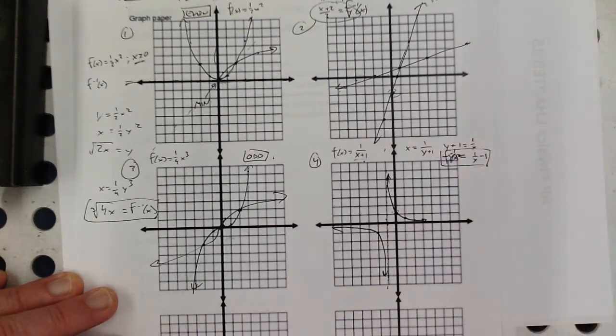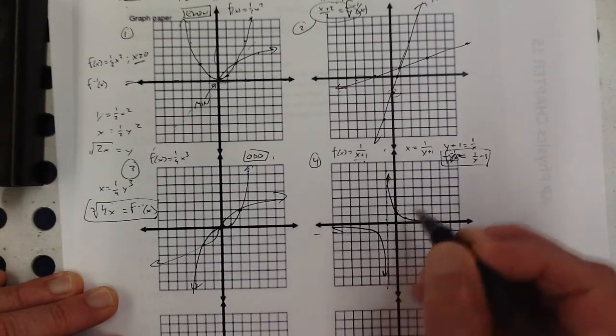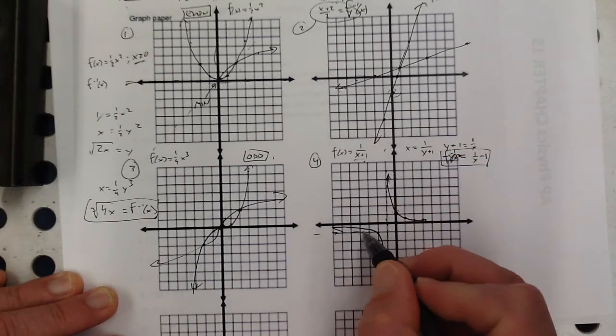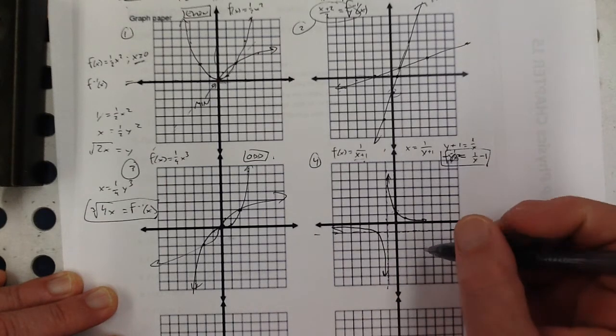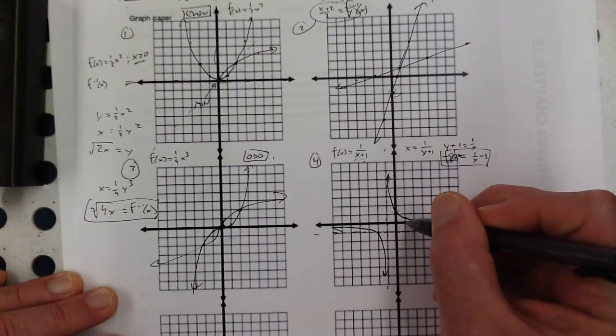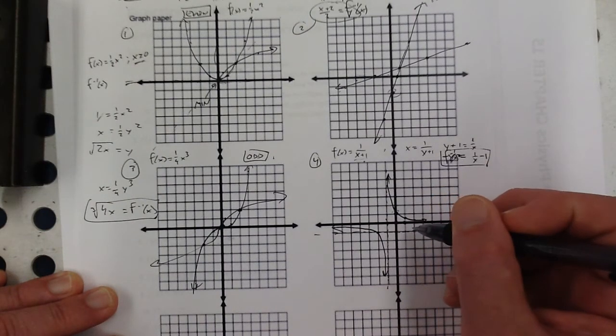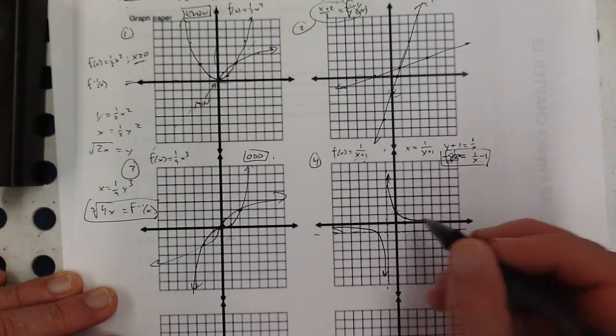So there's the inverse. If we want to graph the inverse, this vertical asymptote, when we invert it, will become a horizontal asymptote at y equals -1. And all my points, that point that was here will become here, and so on and so on.